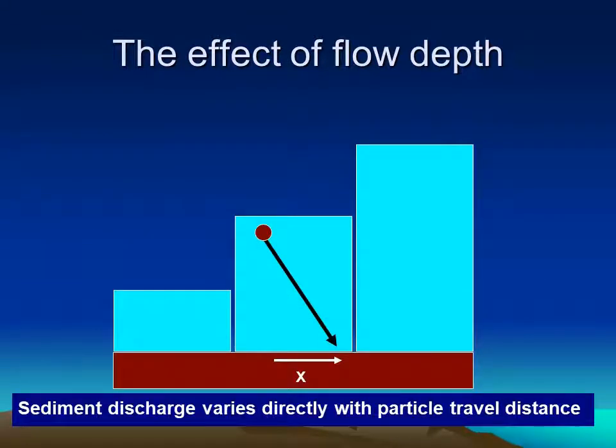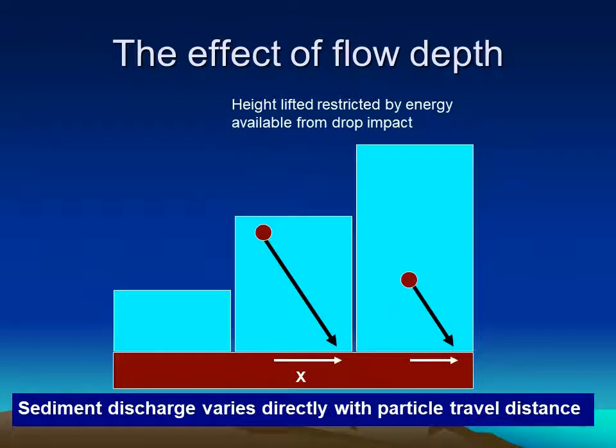So we have basically 3 conditions to think about here. This one here is when the particles can be lifted up freely and the water depth doesn't have really any effect on how far they are lifted and how far they travel. But if we have deeper flows, then the energy is less, and so the particles don't travel as far.